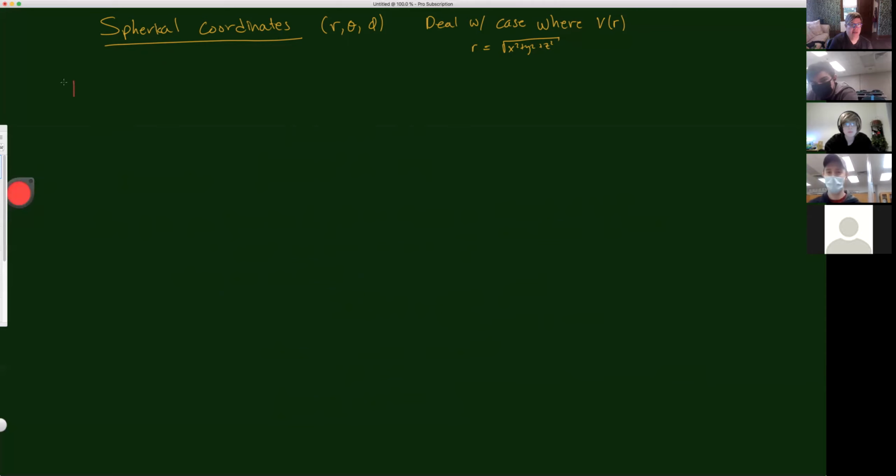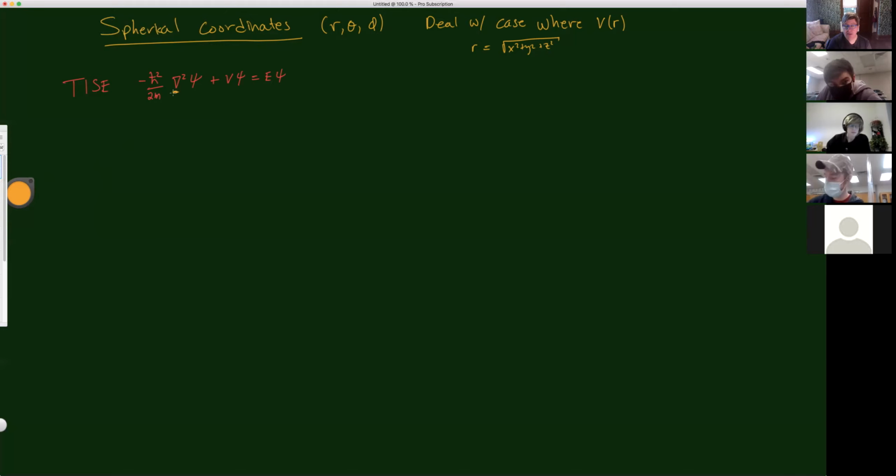The TISE looks like this in all coordinates. So that's the TISE in every single coordinate system, and now we have to deal with the del squared, which will be different in every coordinate system.